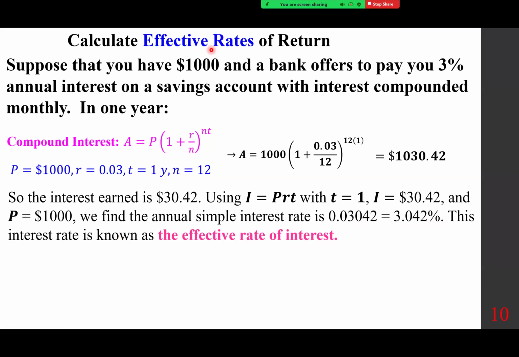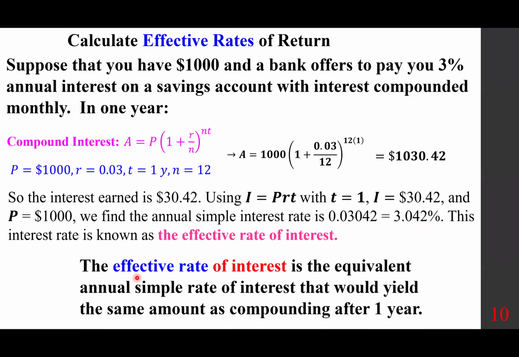What if it's a simple interest? What is then the equivalent rate? Okay, that's the definition. So the effective rate of interest is the equivalent annual simple interest that would yield the same amount as compounding after 1 year.